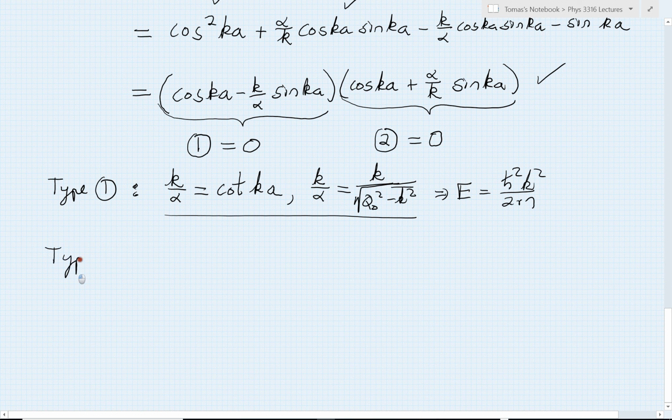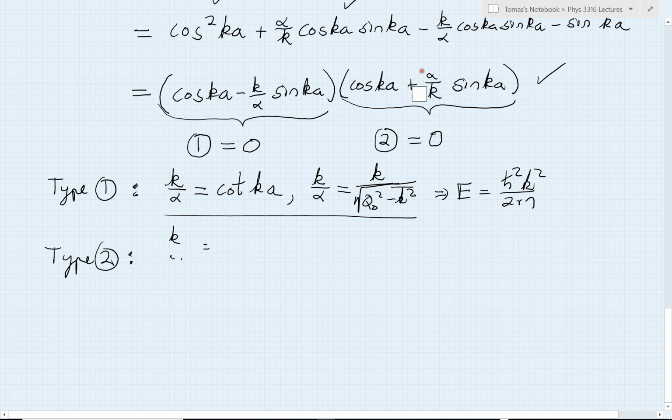Type 2 is very similar. Now for type 2, I'm dealing with this factor being 0, and so we can leverage a lot of the work that we've done here. Let's solve this one also for k over alpha. For type 2, k over alpha will have a different trig function. To solve for that, I put this cosine on the other side of the equation, where it comes in with a minus sign.